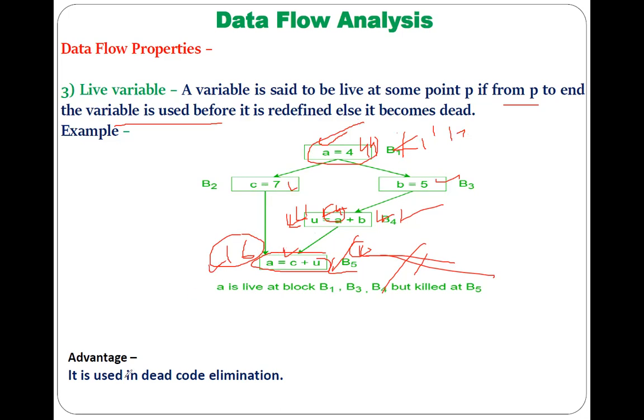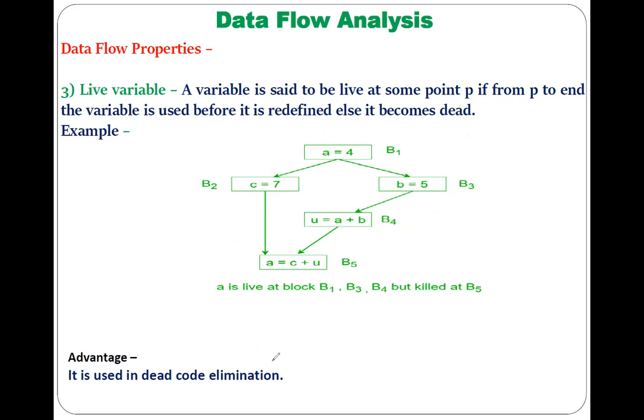Now its advantage. Where it can be advantageous is in the case of global optimization, it is used to do the dead code elimination. Dead code elimination is one of the global optimization techniques, as you know. So live variable property can help us to do the dead code elimination. Now how can it help us?